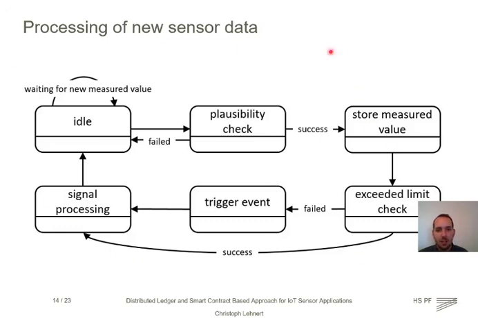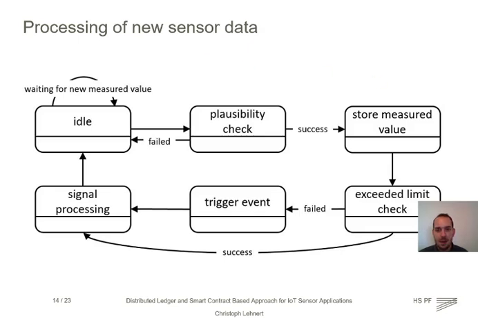In this picture here, you can see the signal processing of new sensor data. The function for receiving a new measured value is the most extensive and therefore also the most expensive in its execution, since most of the calculation steps are required here.